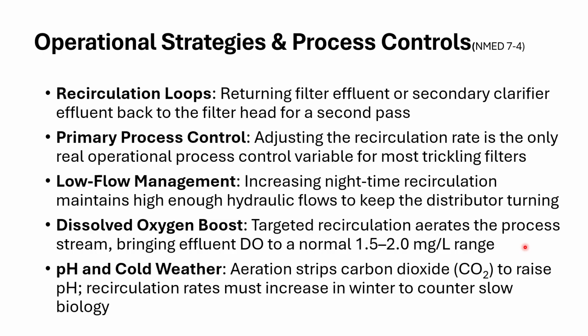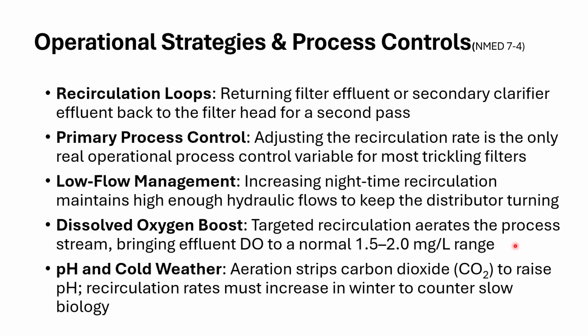Okay, dissolved oxygen. So we can also create an aeration process in that stream to make sure that we keep a dissolved oxygen level in our wastewater at 1.5 to 2 milligrams per liter. That's where we want to operate this. And how can we do that? We can adjust the recirc rate so that that's what we're hitting on our effluent, on our filtrate coming out.